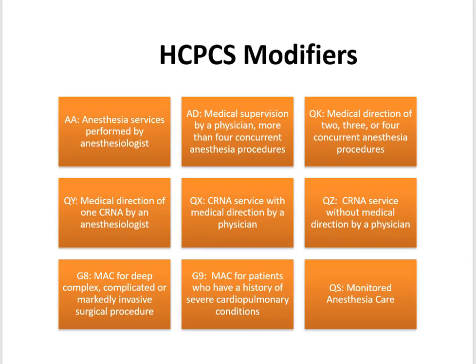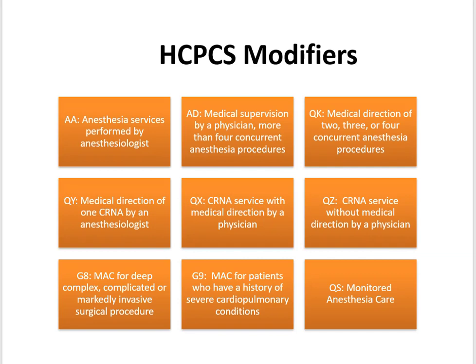Now, there are also other modifiers that are utilized for anesthesia services. Those are HCPCS modifiers. I highly recommend that you write these modifiers in your CPT manual on the bottom of page 61. And these modifiers are found in your HCPCS manual, but these modifiers identify who actually provided the anesthesia service.